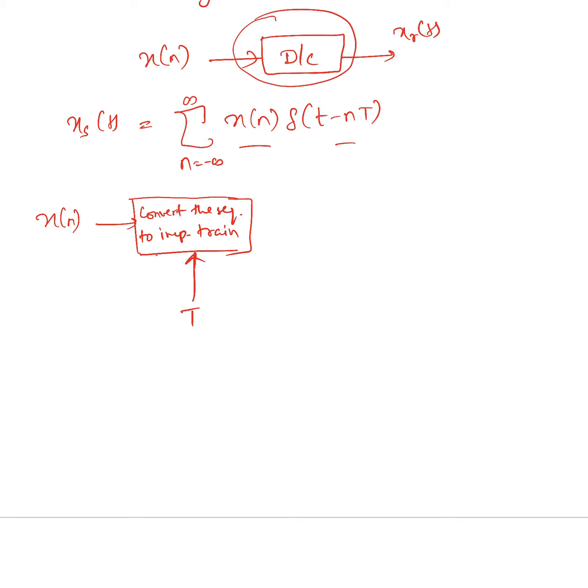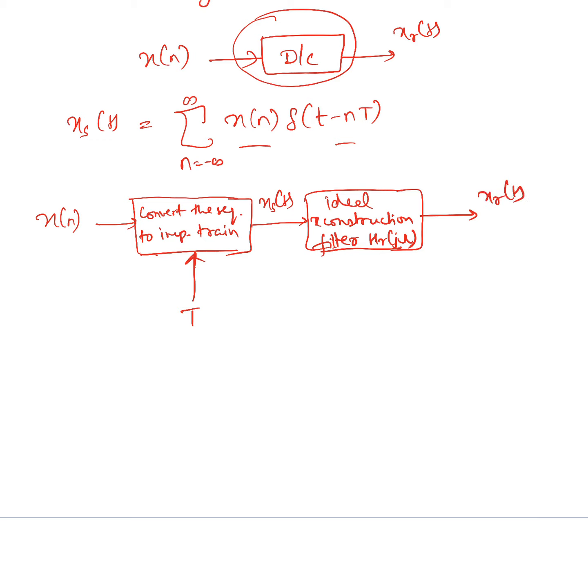This generates your x_s of t. Now we pass this x_s of t to an ideal reconstruction filter, let's call it H_r of j omega, which would be in continuous time, and this will give us the signal x_r of t. So these are the two cascaded blocks inside this D to C converter, which gives you x_r of t, and we call it the ideal reconstruction.